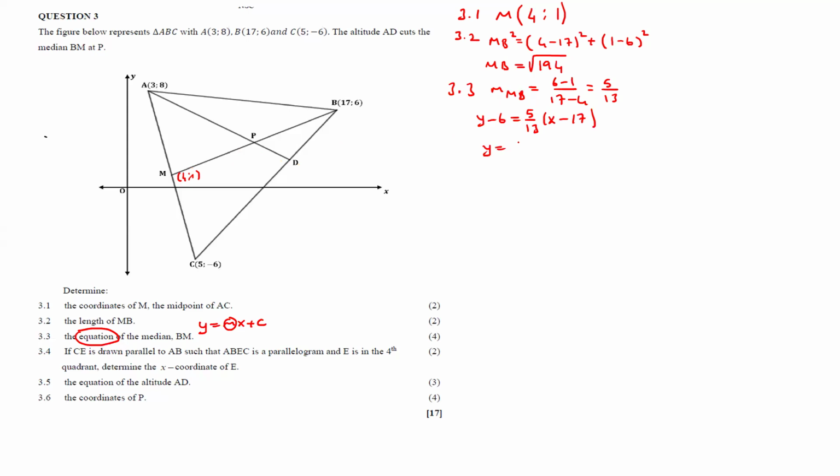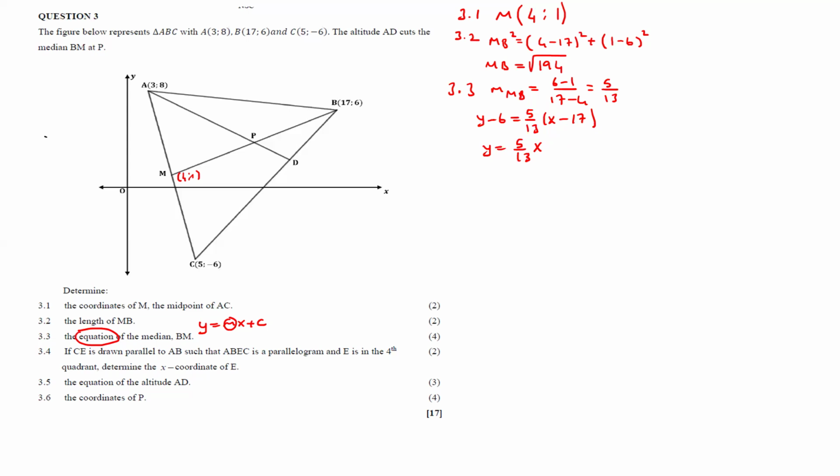From this, y is equal to 5 over 13 x minus 5 times 17 plus 6 times 13, over 13.